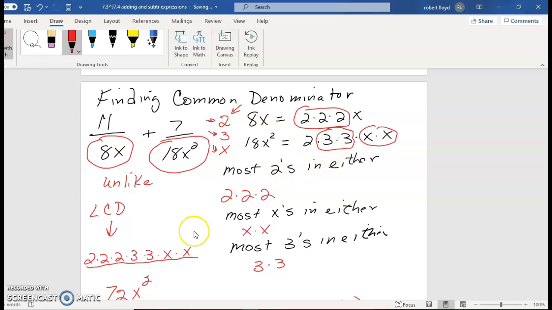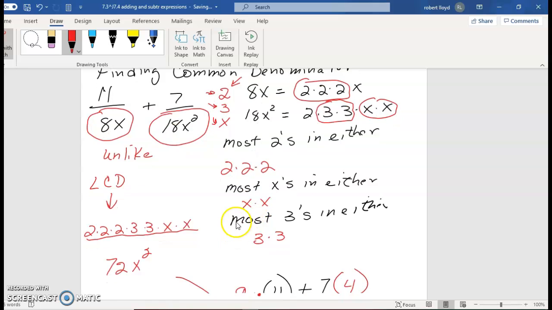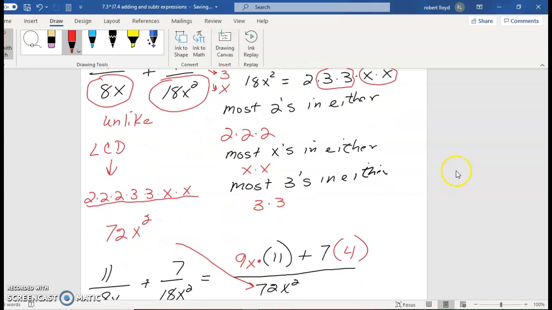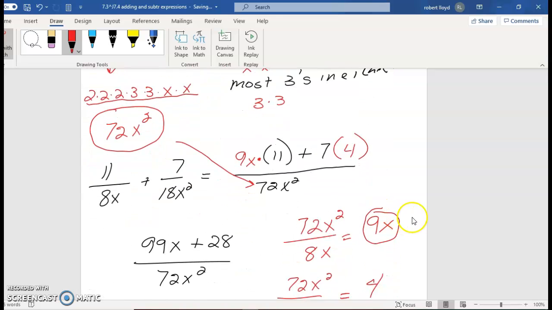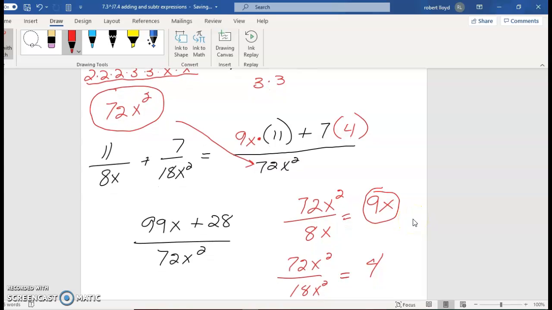So the most 2's times the most x's times the most 3's will be our common denominator. So it's 72x squared. So then we're going to take our common denominator, 72x squared, and divide it by each denominator separately.